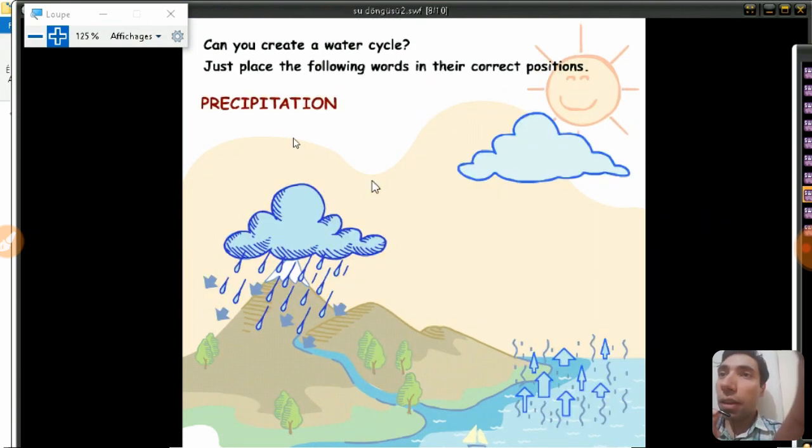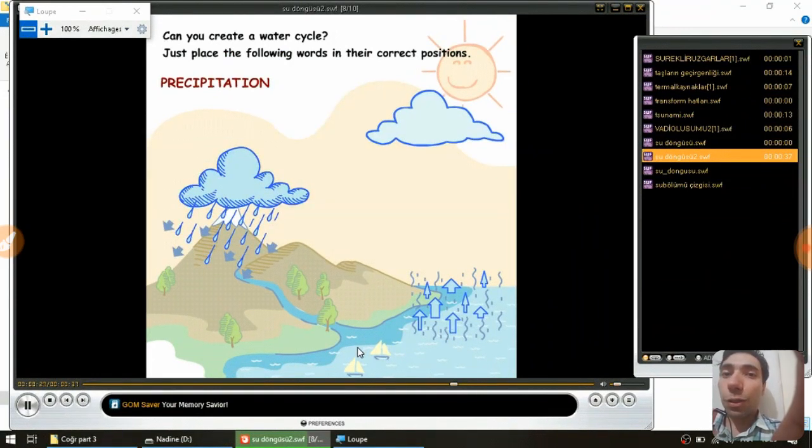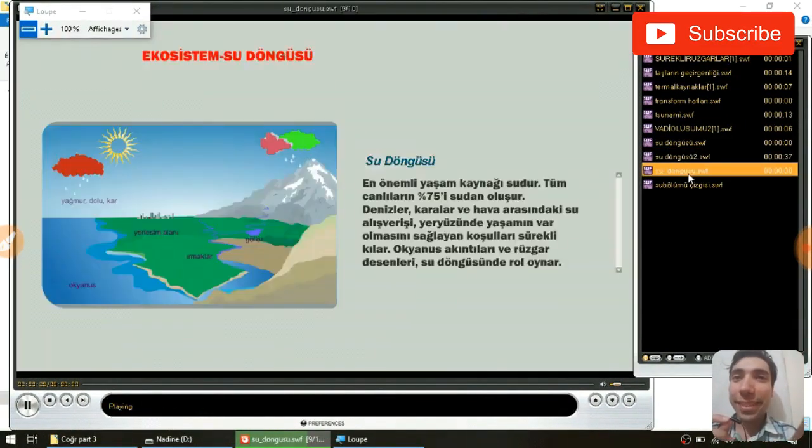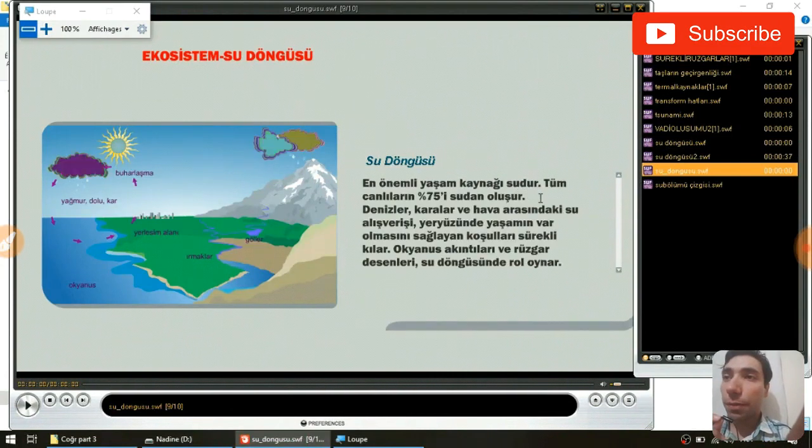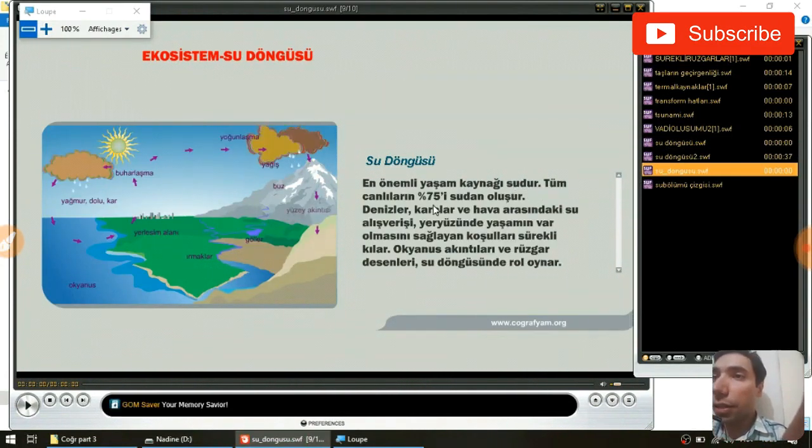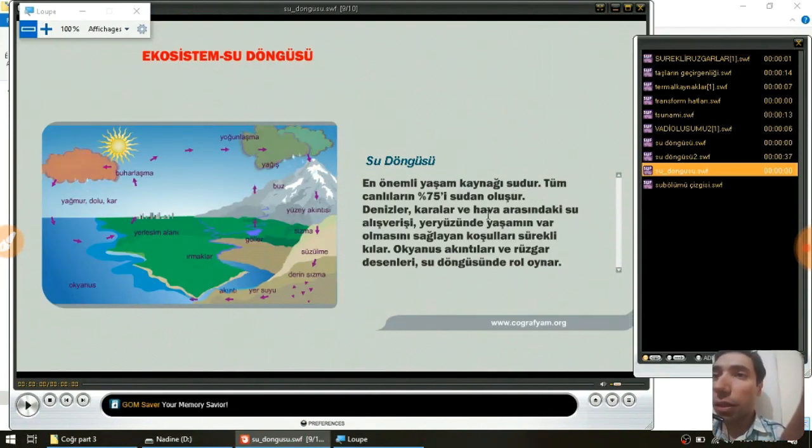Maybe afterwards. Can you create a water cycle precipitation? Of course. So here there's ocean and hills, and there are glaciers, and look, yağış means precipitation, yoğunlaşma, condensation, buharlaşma, evaporation.